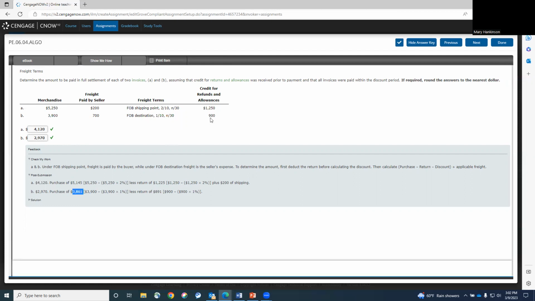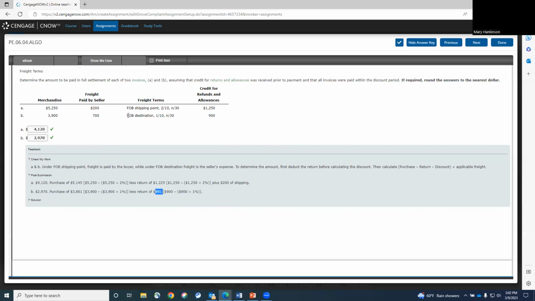But we also have a credit for refunds of $900. Again, if you apply the discount to the merchandise total, you have to apply the discount to the return total. So 1% of $900, subtracted out from the 900, equals a return of $891.